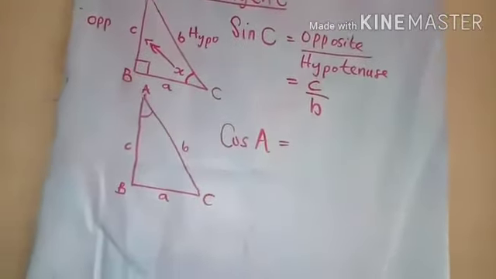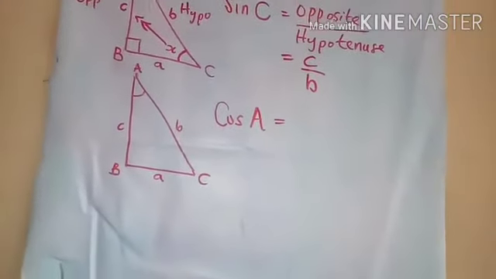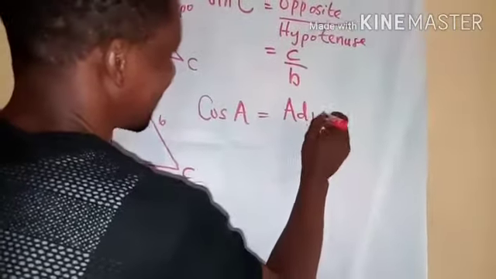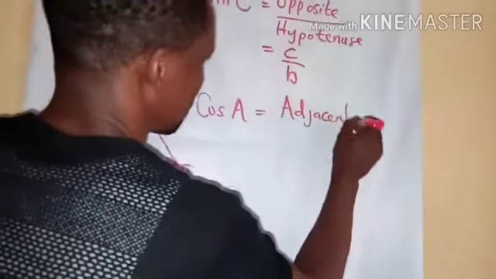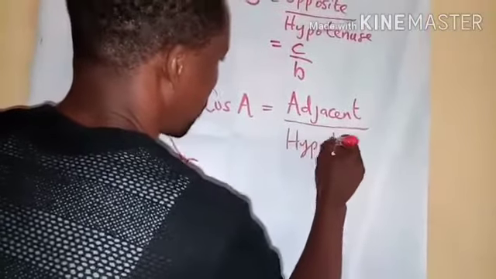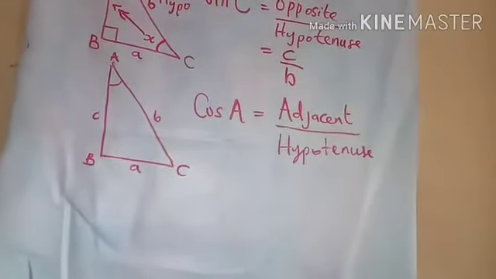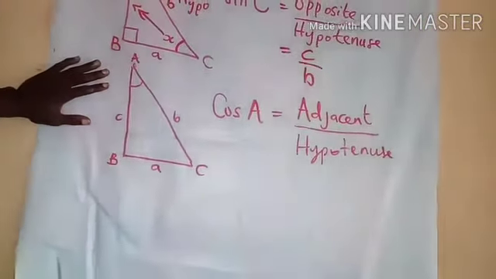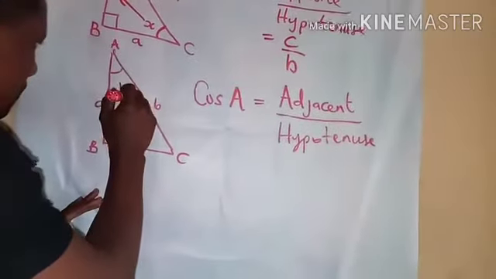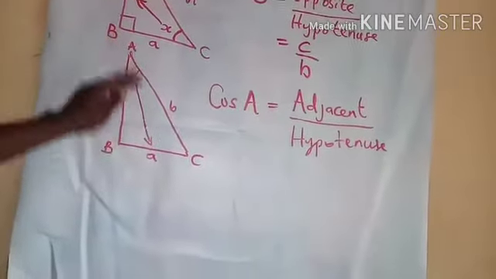What is cosine? Cosine is adjacent over hypotenuse. So from this triangle, we know that this is the angle that is opposite to this side.